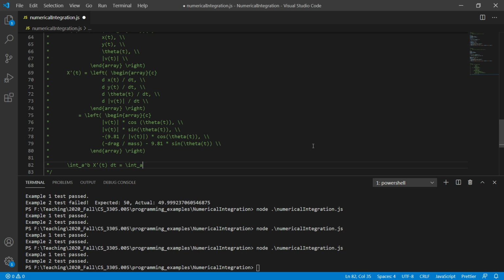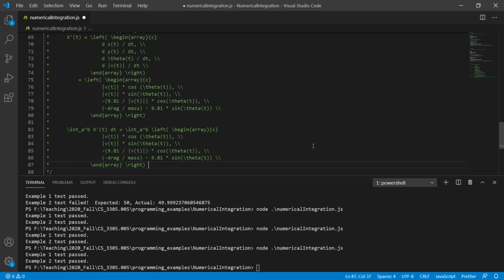And it's the integral from a to b of this, right? Just algebraic substitution: we replace this with its equivalent value, and then we have a dt at the end.